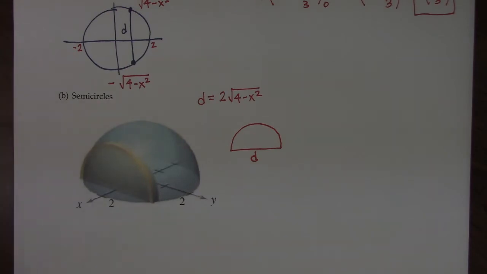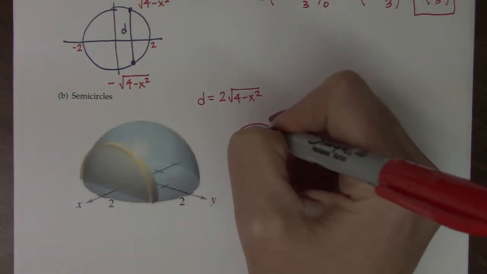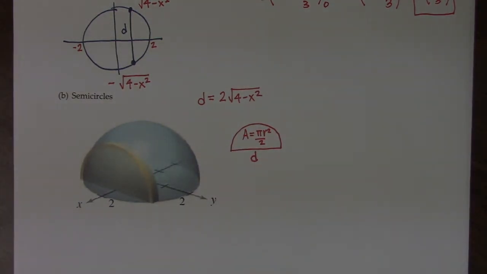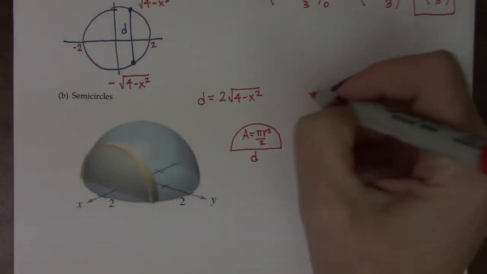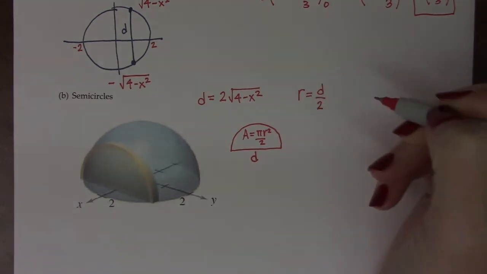But the way we typically calculate the area of a circle is we'd say, well, it's pi r squared, where r is actually the radius. But if you have a semicircle, then you take pi r squared and you cut it in half because we only need half of the area of the circle. So if I want to write my radius, well, my radius is going to be d divided by 2, right?